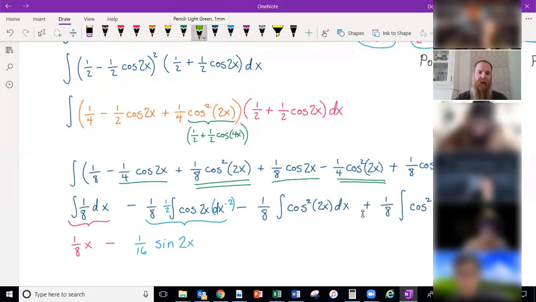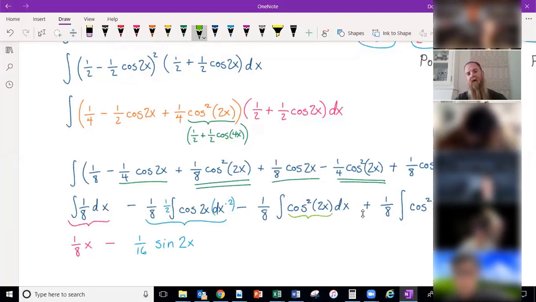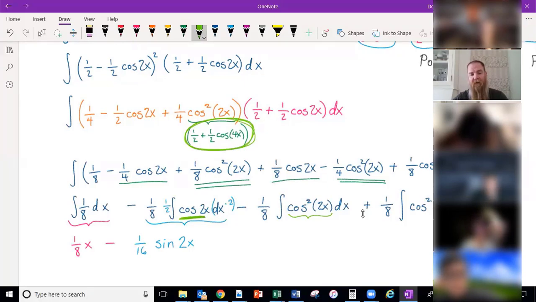And now we've got to get a little more creative again, because we've got to simplify this right here in order to use the power reducing formula again. When I'm reducing the power of an even power, I'm trying to do that so that I can integrate just single powers of cosine, just like I did back here.